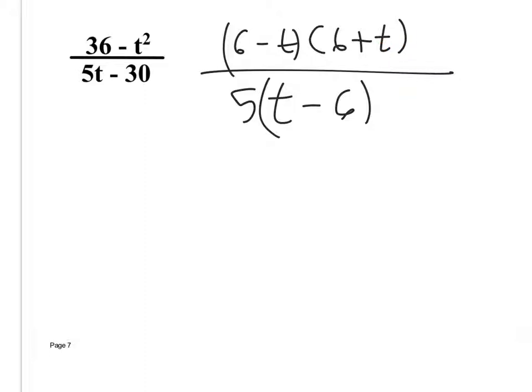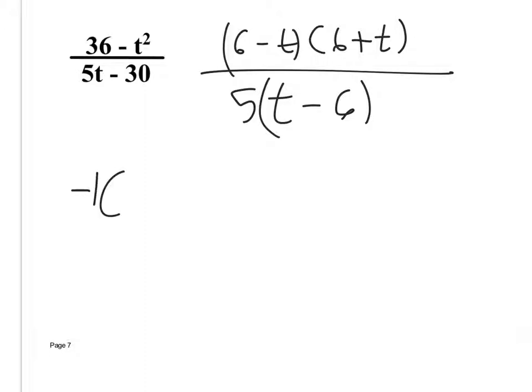But what I can do is change it, because I'm looking for opposites here. This is the opposite of this. This is 6 minus t, this is t minus 6. I can change this. Do you know how I can change it to look like this? Anyone know? Times it by negative 1. I factor out negative 1.